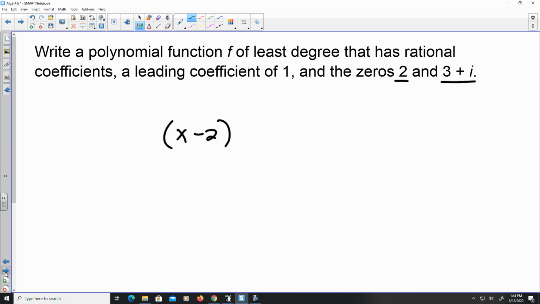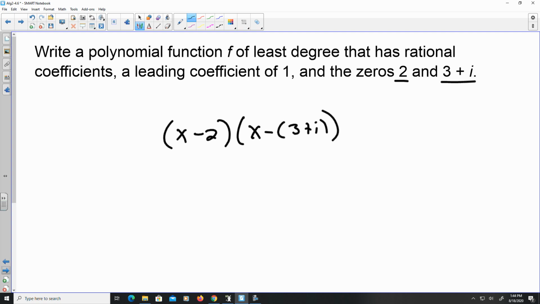Then what you are going to take into account, because 3 plus i is that imaginary value, you're going to write it as x minus, in parentheses, 3 plus i.